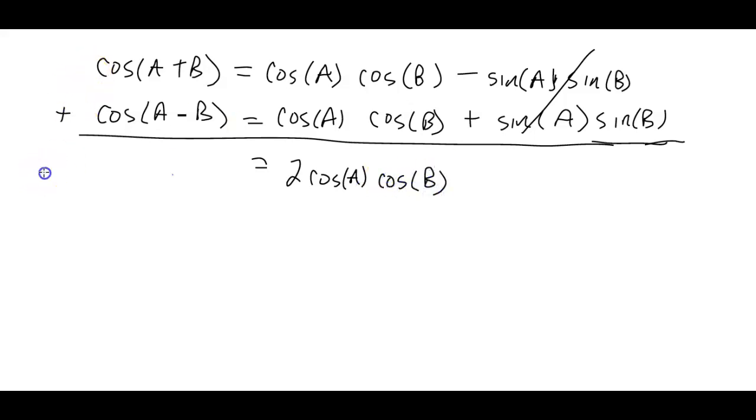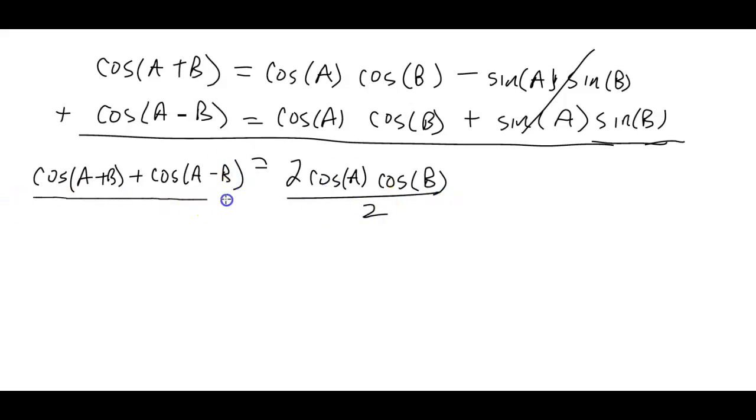And then, of course, I have cosine of a plus b plus cosine of a minus b. And then, if I divide both sides by 2, that reduces to 1. And now I have cosine of a times cosine of b is just 1/2 of cosine a plus b plus cosine a minus b.